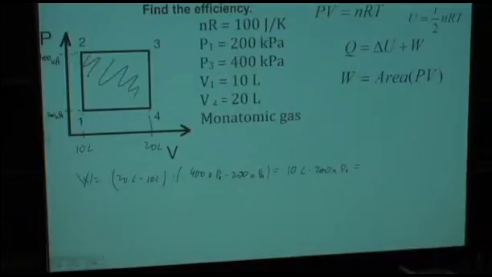Now, as we know, many times we've done it before, liters and kilos cancel each other out. So what's left is 10 times 200, 2,000 joules.